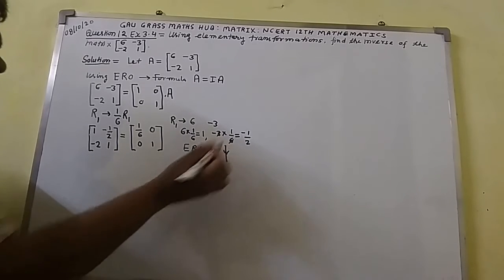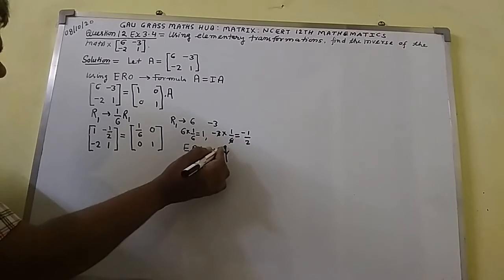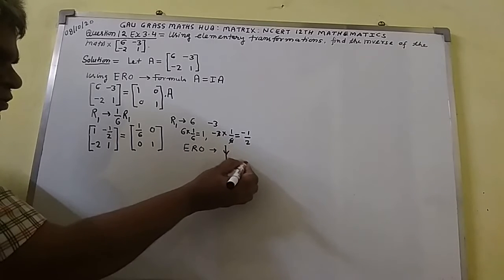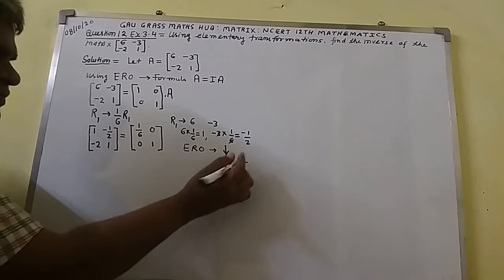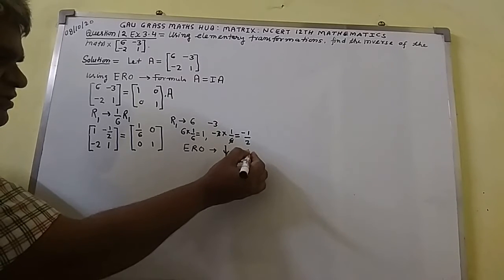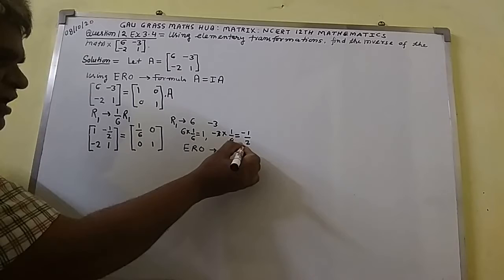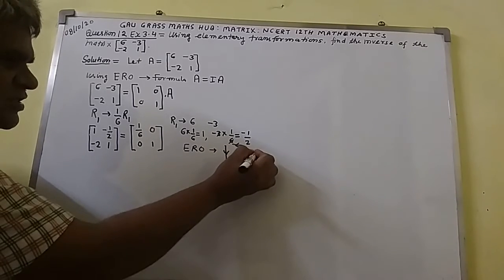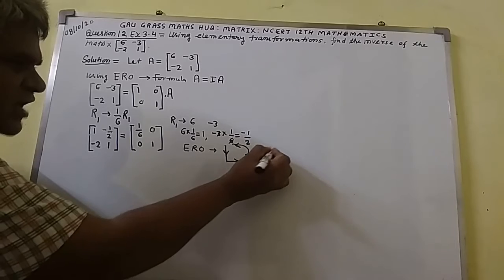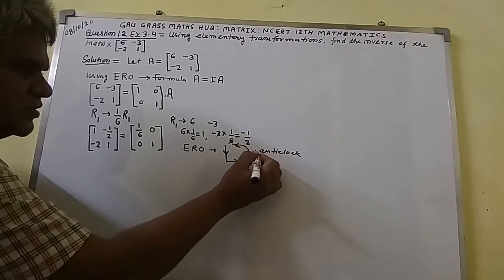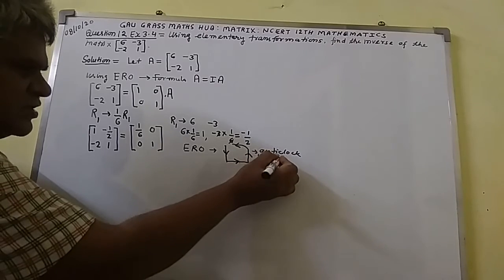This is the initial point. You shall start from the initial point here, go like this, go like this, go like this, and go like this. This is the direction. Here you can see anti-clockwise direction.